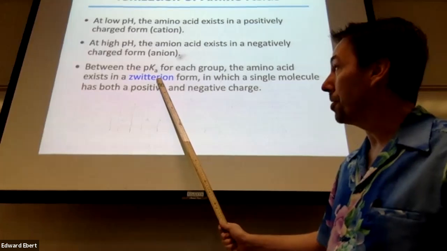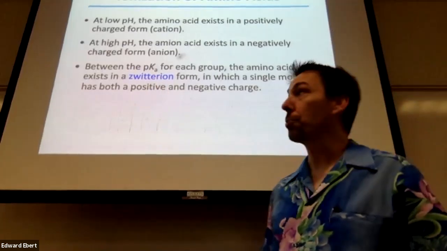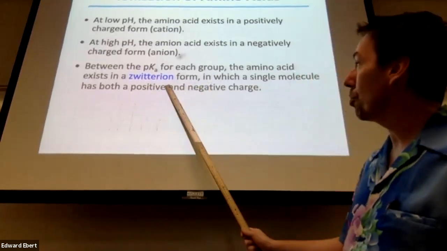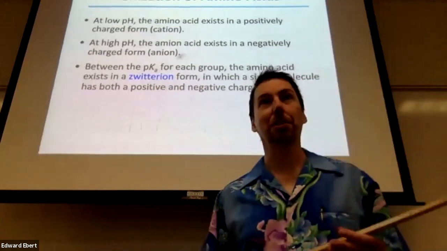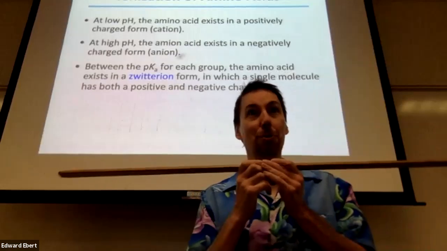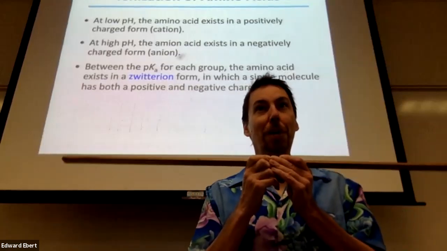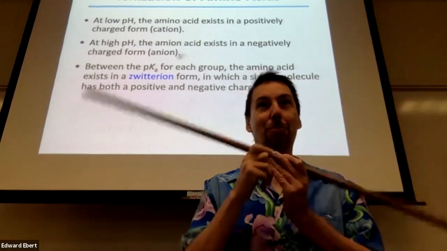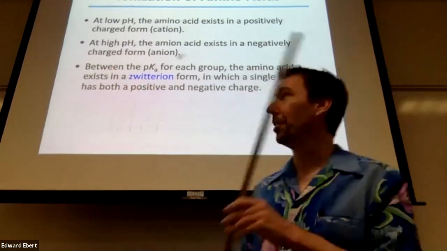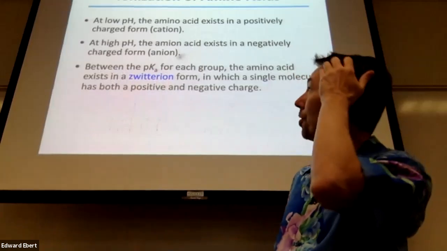In between, at physiological pH, if we looked at our uncharged ones, our amino acid has a zwitterionic form. All right. So we basically have a tipping point. So we're neutral, and then if we pull off one proton, oh, now we're negative. If we go the other way and add one proton, we're positive. So we can talk about this as being a zwitterionic form.